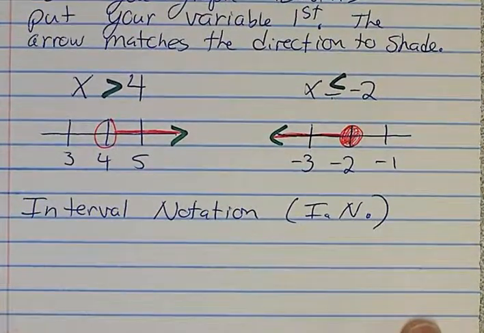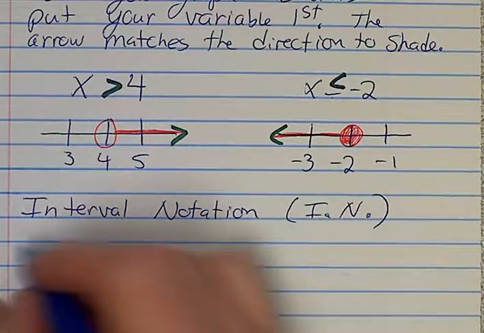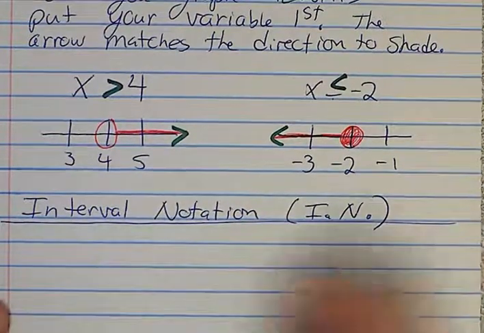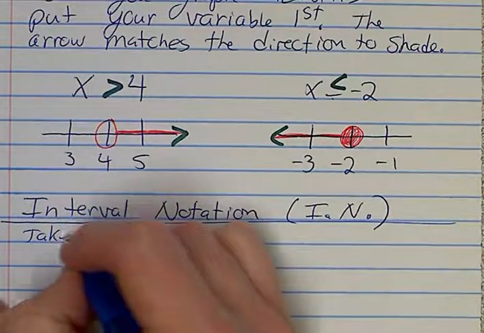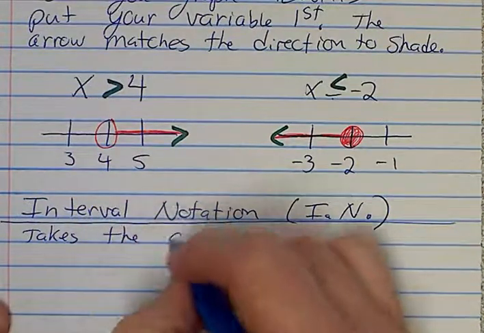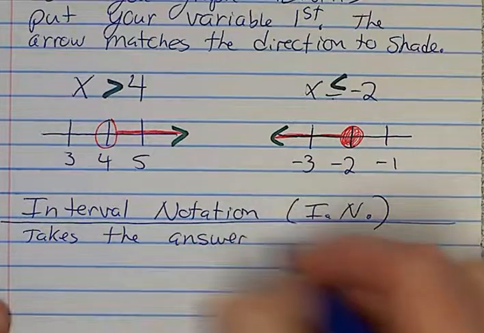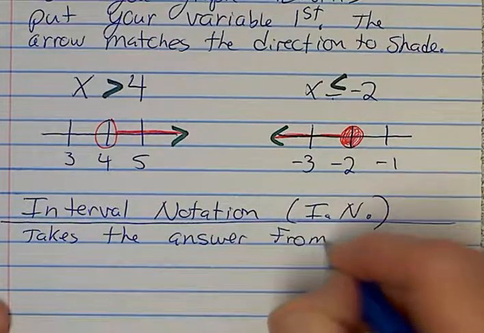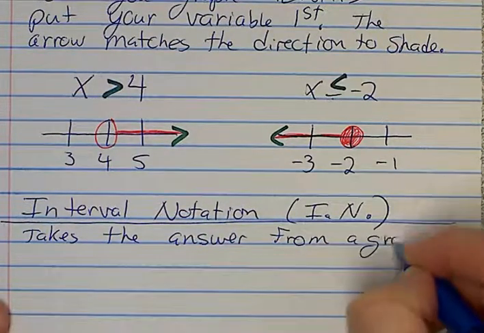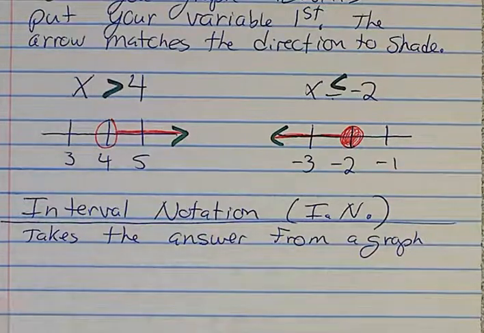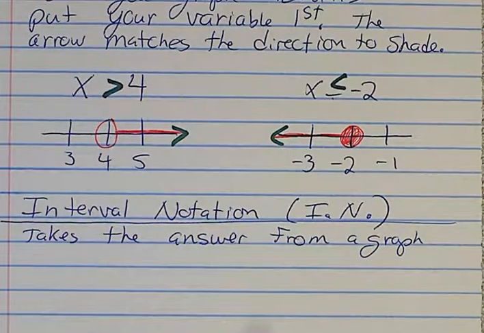And what interval notation does is it takes the answer you have in graph form, so you're going to take the answer you have in a graph, and it's going to rewrite it using one of two different ways.